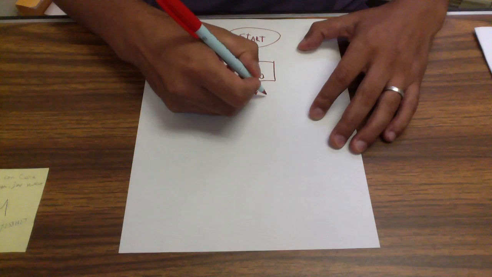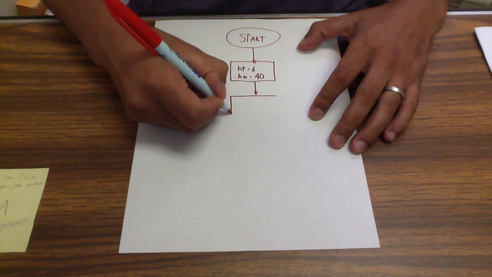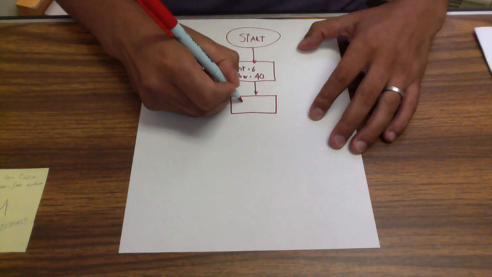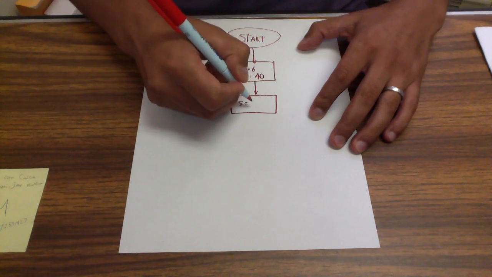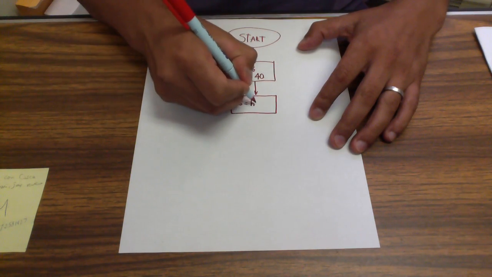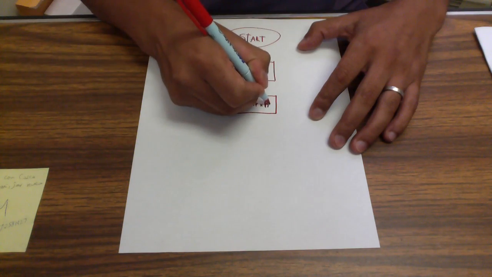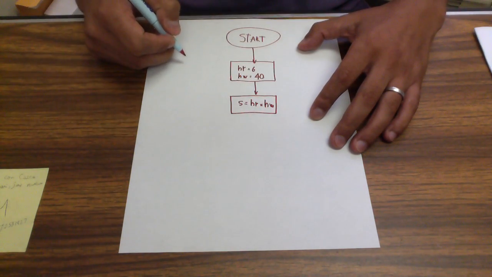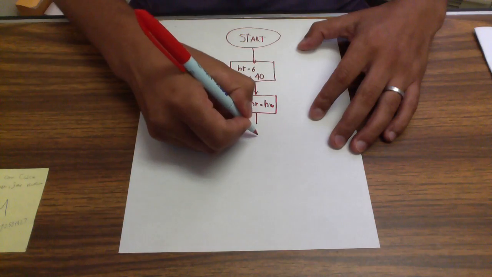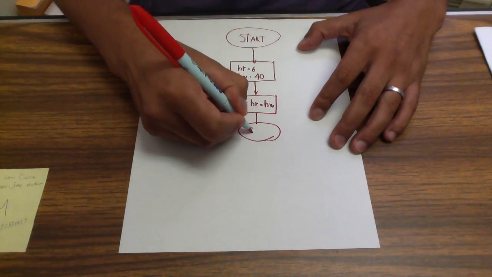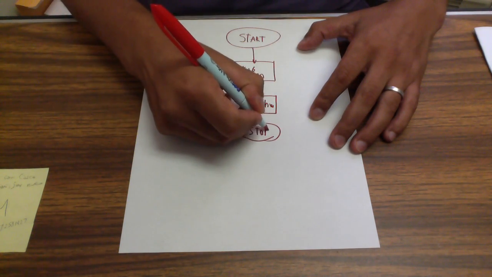And the second part of the process involves actually computing the salary, right? So then the salary will be the hourly rate times the hours worked, right? So that's how you compute a salary. And then we stop.